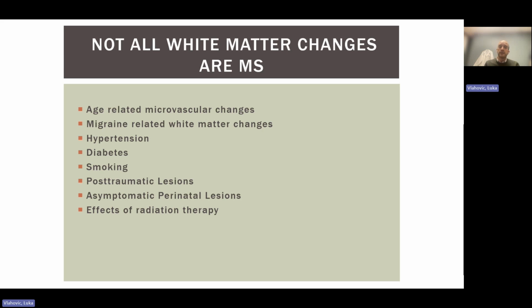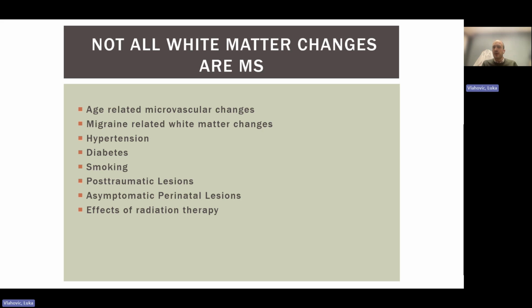In particular, age-related small vessel disease or microvascular changes that can be seen in the setting of vascular risk factors. So high blood pressure, high cholesterol, diabetes, smoking, and migraines in particular can also cause some of these small spots.